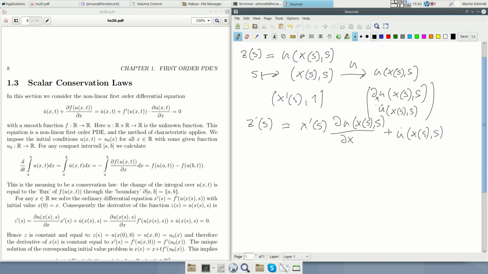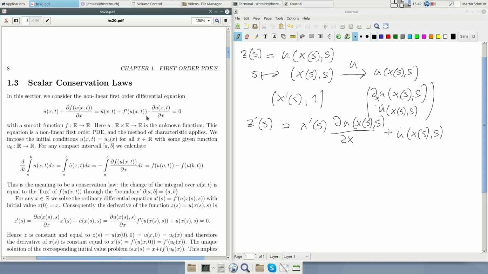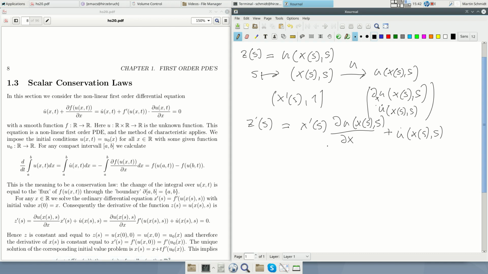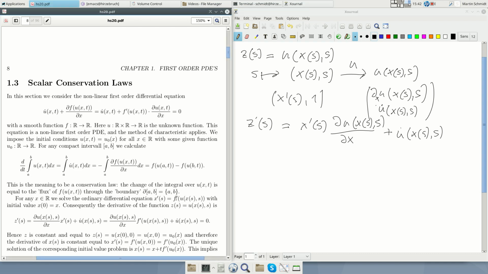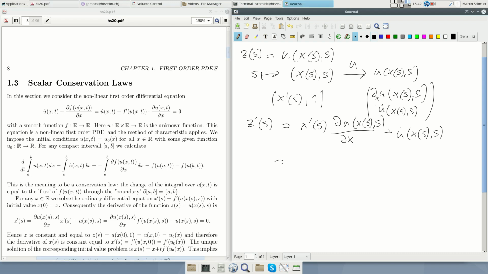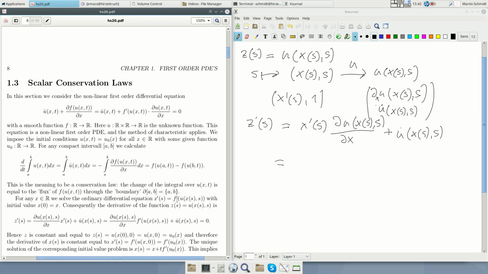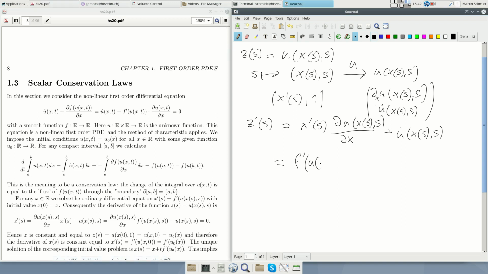And now again we insert this. This is the reason why we have chosen this in this way. So what we get if we insert our differential equation, we get f prime of u of x of s comma s times du of x of s comma s by dx plus u dot of x of s comma s.